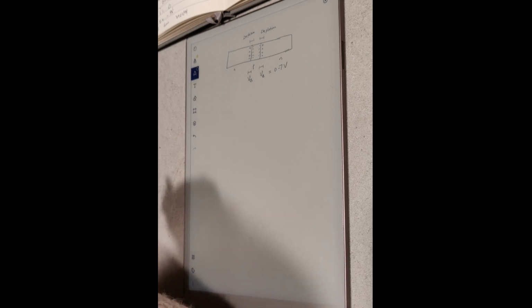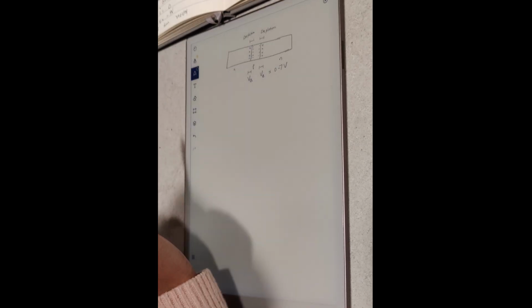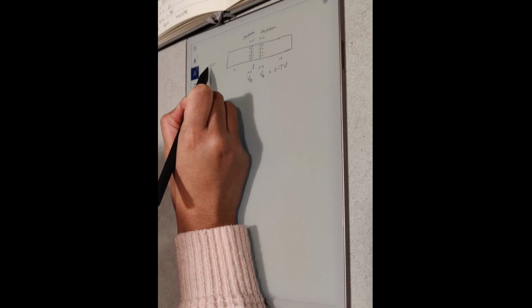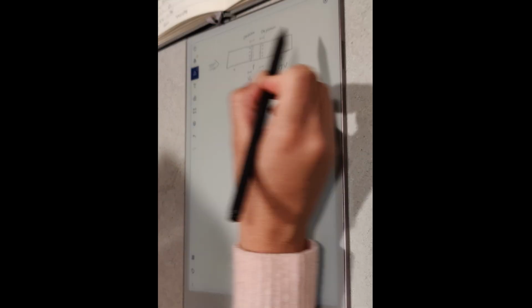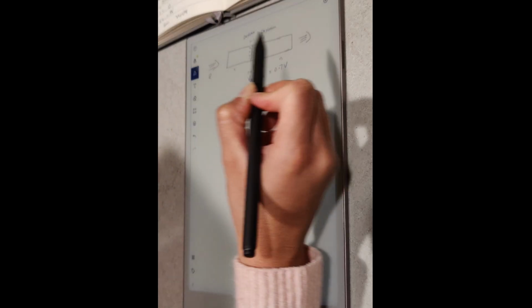But now I want my current to flow through this whole NPN. Let's say I want the electrons to go here, and I want them to come out on this end. Because remember, the current is just a flow of electrons.